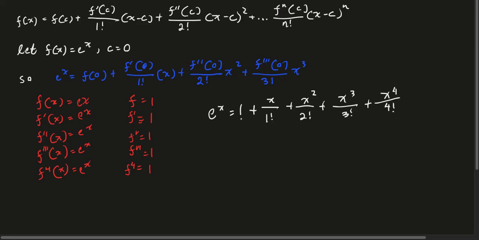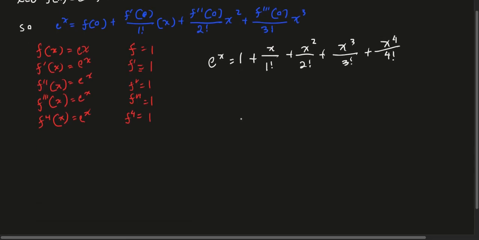And the Taylor series for this is much simpler to identify, in which e to the x is equal to the summation of n equals 0 to infinity of x to the n over n factorial.